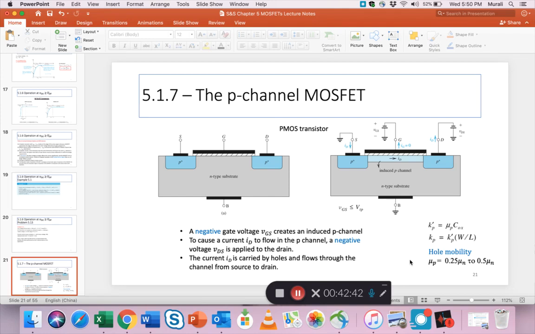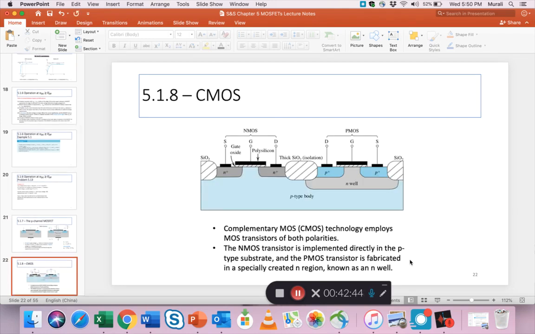Okay, I'm going to move to slide 22. Yeah, you see CMOS, right? CMOS is a combination of NMOS and PMOS on one silicon wafer. So you have a p-type body, you create an NMOS, then you create a well of n material, and then you create two little buckets of p.